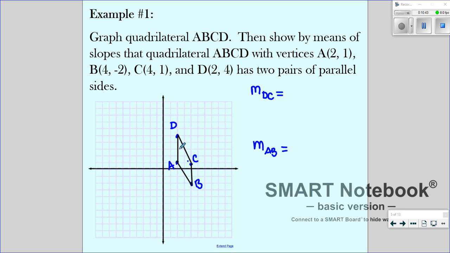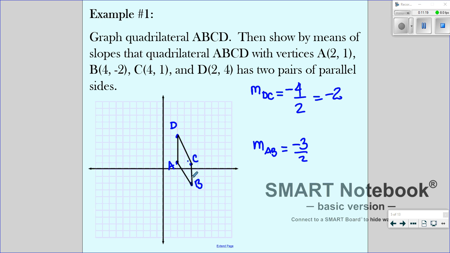So let's do the rise over run. For D, we go 4 down, and then 2 to the right. So that gives me -2 for the slope of DC. And let's do AB. Let's go 1, 2, 3, and then 1, 2.